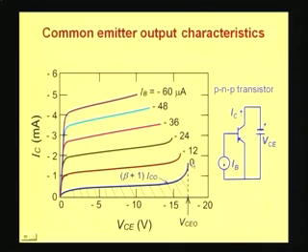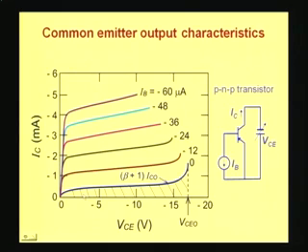Note that when the base current is 0, there is still a small collector current. We will explain what is meant by this beta and ICO later when we discuss the characteristics in detail. The beta is simply the ratio of the collector current to the base current. So here you can see it is of the order of 100.